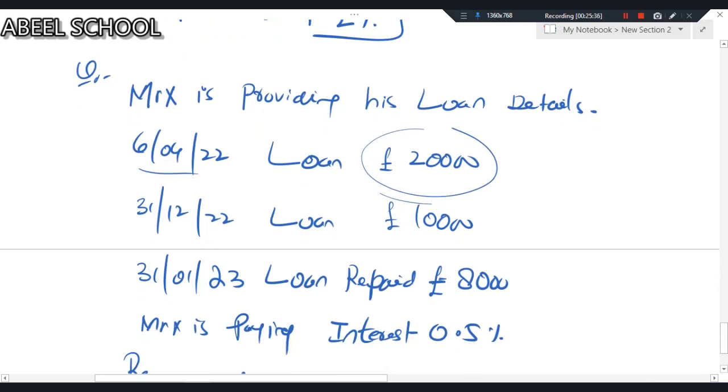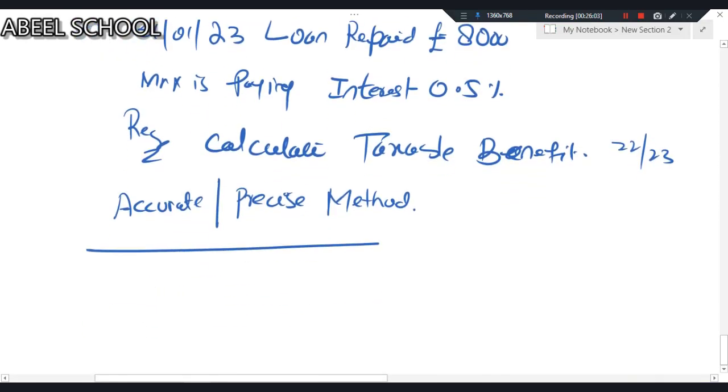And how many months was this loan £20,000? If you count from 6 April 22 till 31st December 22, we have 9 months. It means the first 9 months, the loan was £20,000. Simply you need to count the months.